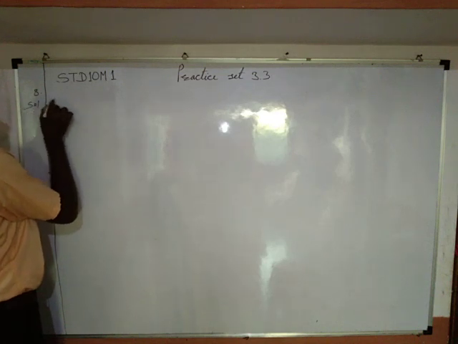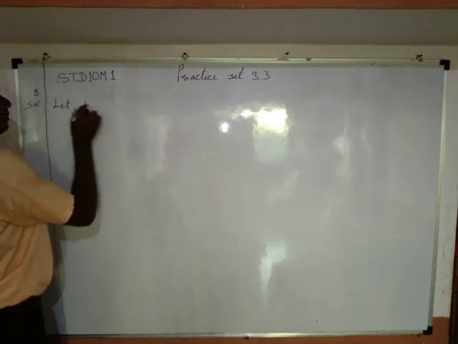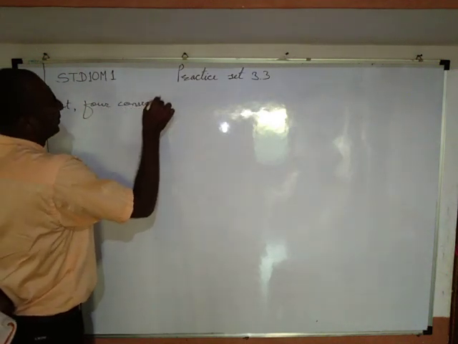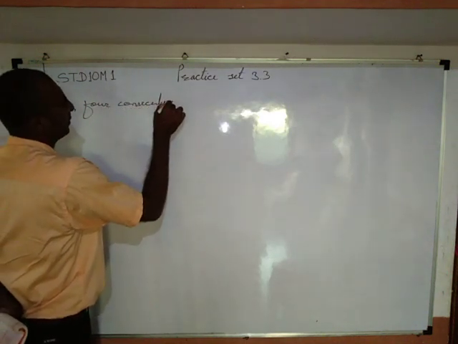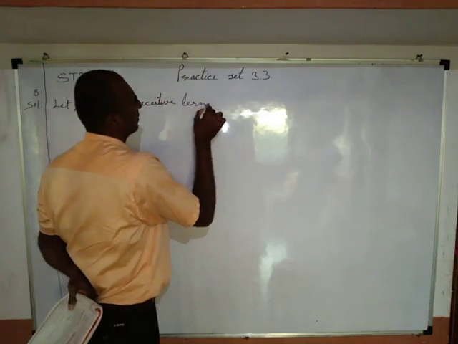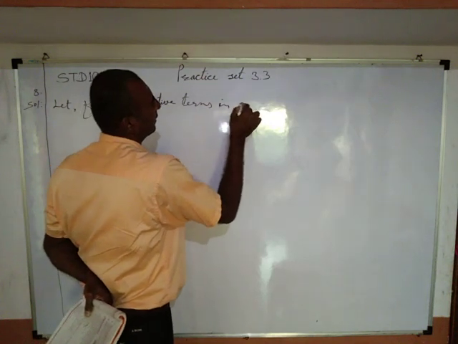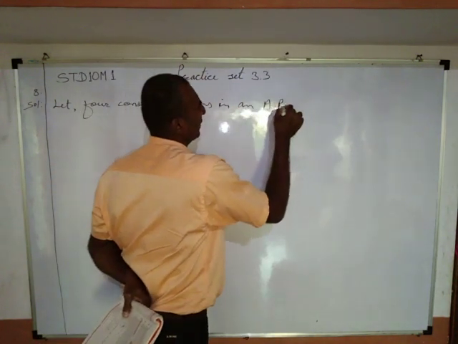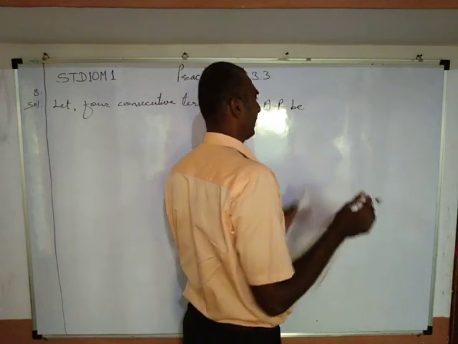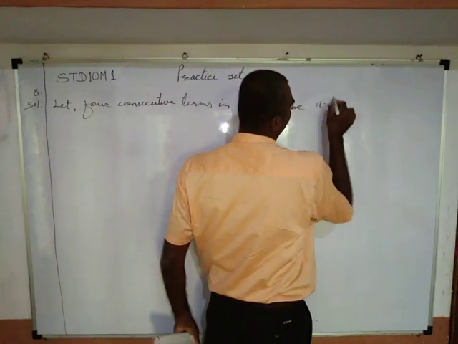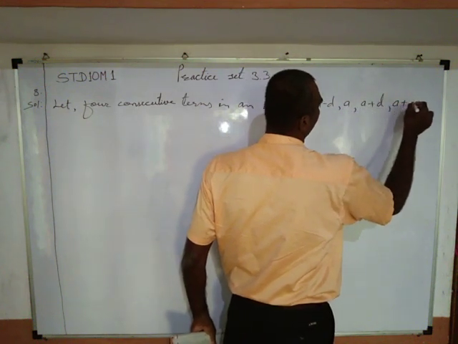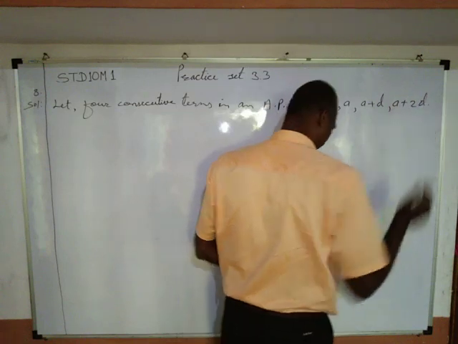Solution. Let 4 consecutive terms in an AP be, according to the given hint, A minus D, A, A plus D, A plus 2D.